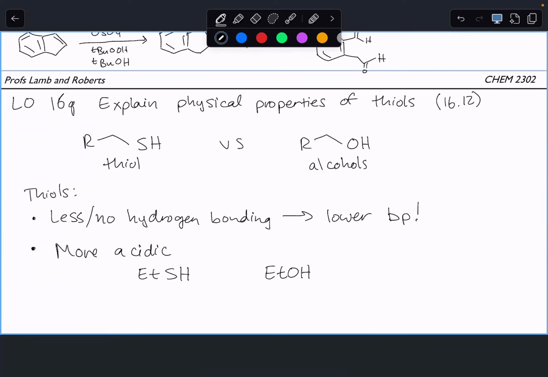The pKa of ethane thiol is about 11, whereas for ethanol, it's about 15. Remember, lower pKa means a stronger acid. That's just because sulfur is a much larger atom. If we look at the periodic table, sulfur is below oxygen, so it's a much larger atom. So its overlap with that tiny little hydrogen is not very good, and therefore it's easier to lose the hydrogen.